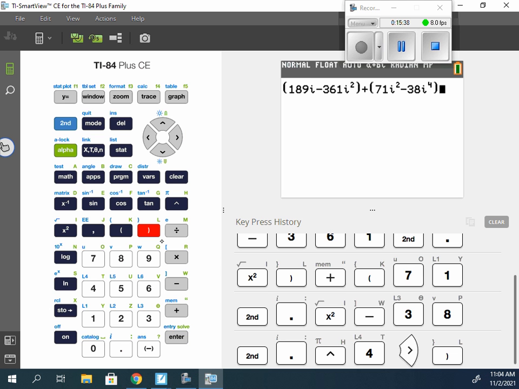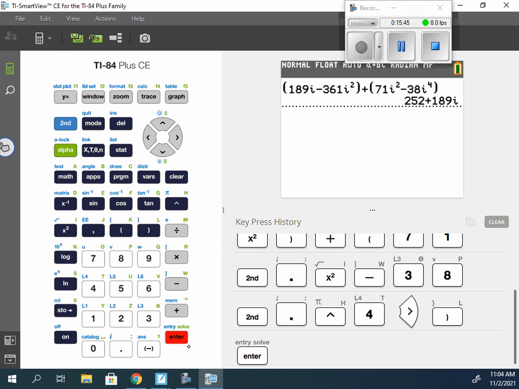So we can type it in. And if we type it in and hit enter, it will tell us that this is 252 plus 189i. That's the answer.